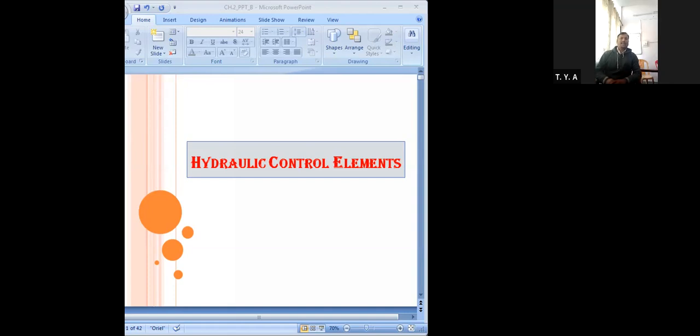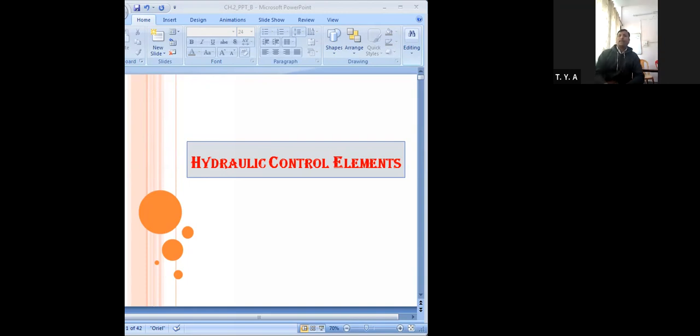As I have told, so far we have discussed the hydraulic pump, which is required for generating the pressure. Then we discussed hydraulic actuators, that is hydraulic cylinders and motors, which are used for converting that pressure into useful mechanical work.